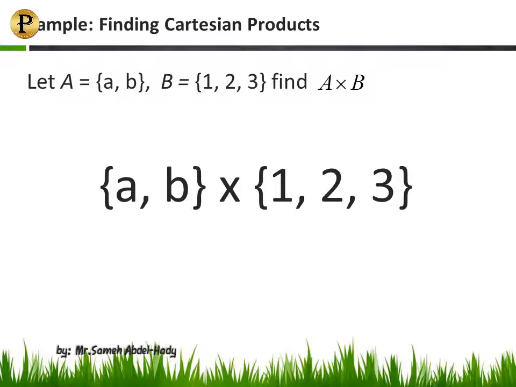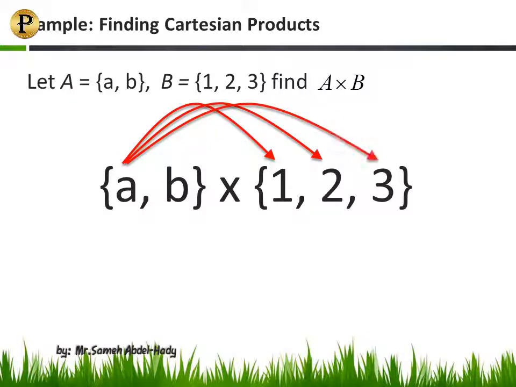For example, finding Cartesian products. Let A be the set consisting of a and b, and B the set consisting of 1, 2, and 3. Find A times B as a Cartesian product. We write the sets as you see. We take the first element in the first set with each element in the second set: 1, 2, and then the third element.